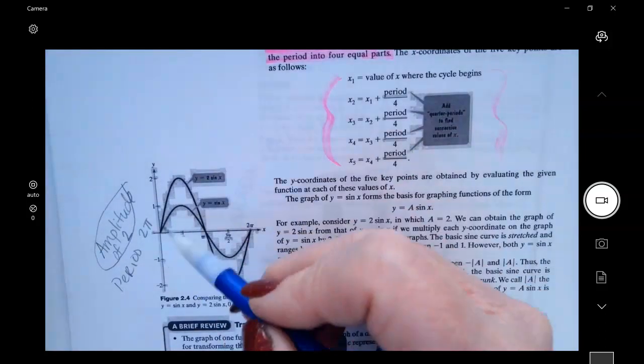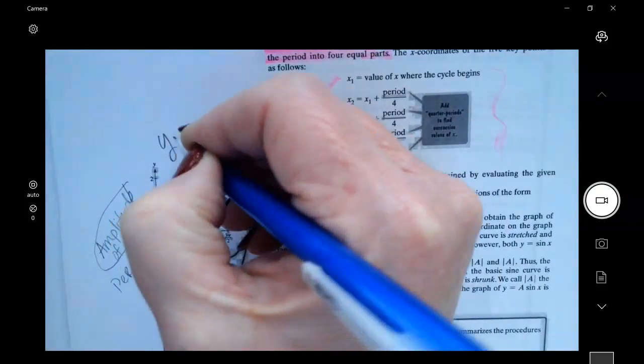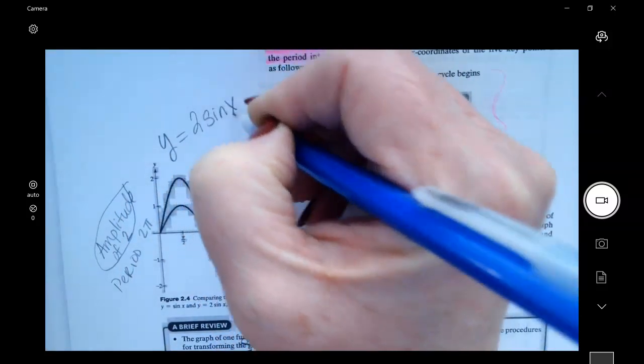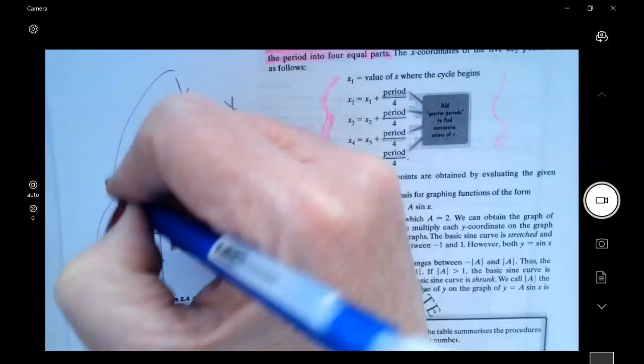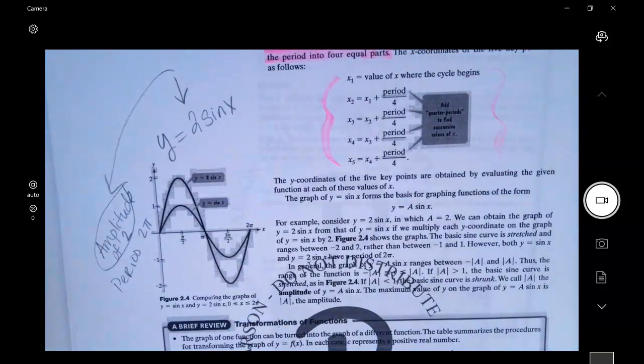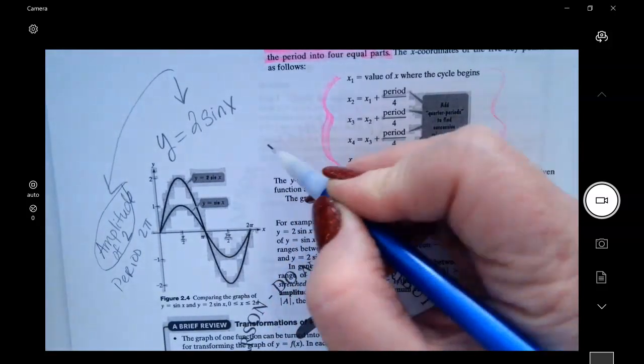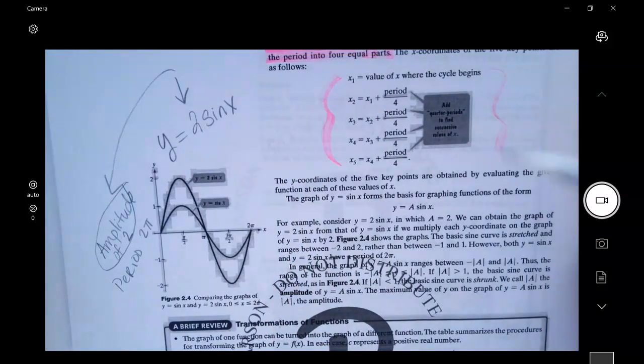So you'd want to look at this equation. It's y equals 2 times the sine of x. So the number that's located there is my amplitude. The period is found by dividing 2 pi by b.